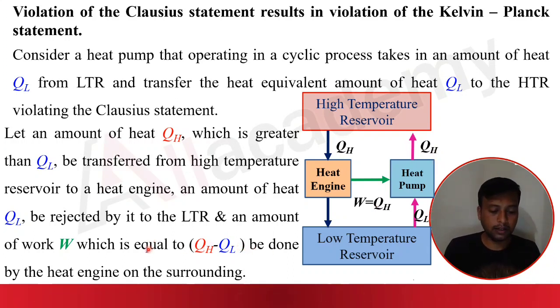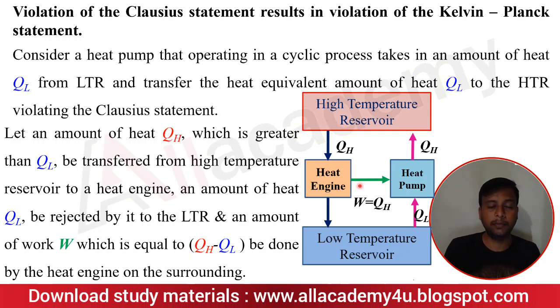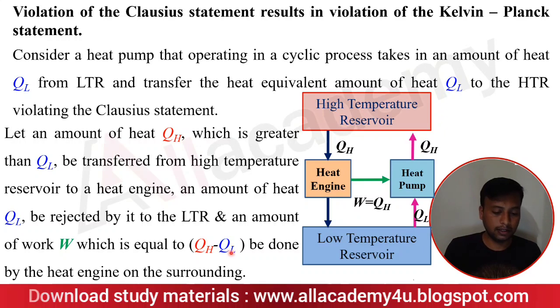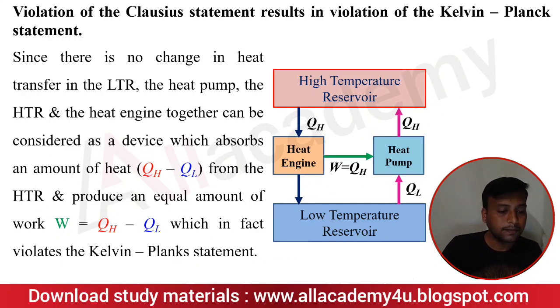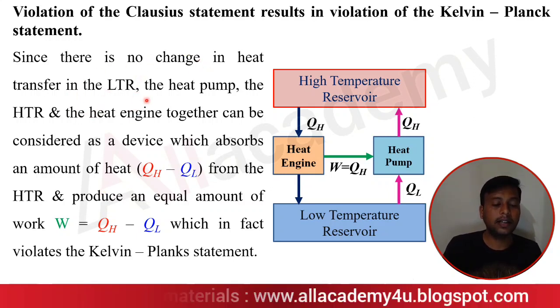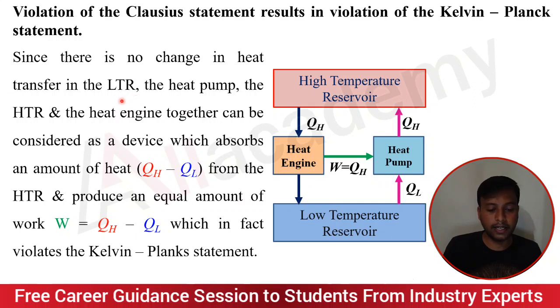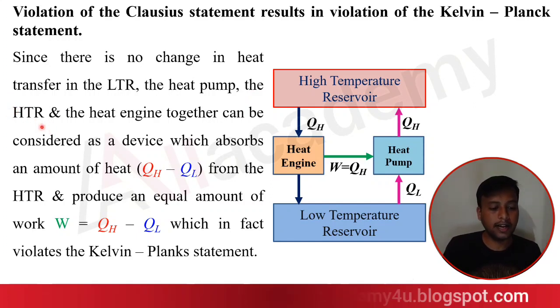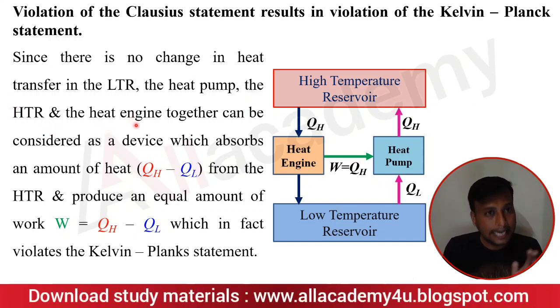The work done by the heat engine on the surroundings equals the heat taken from the higher temperature reservoir minus the heat rejected. There is no net change in heat transfer in the low temperature reservoir.